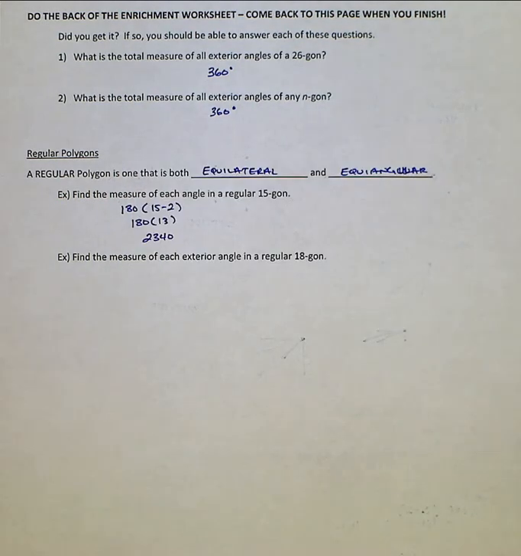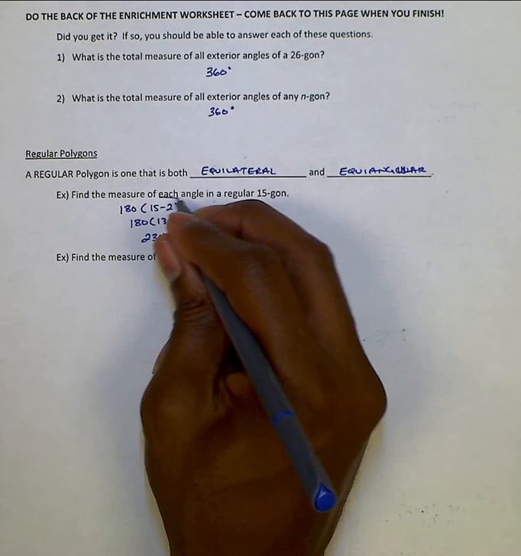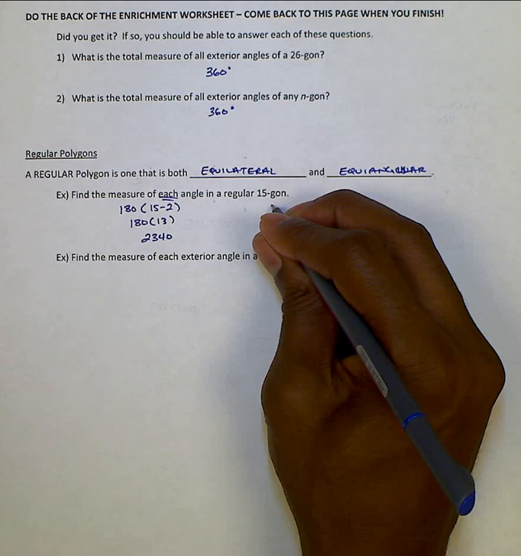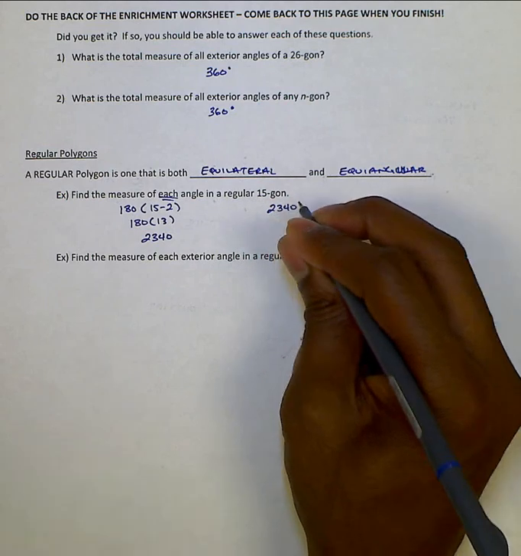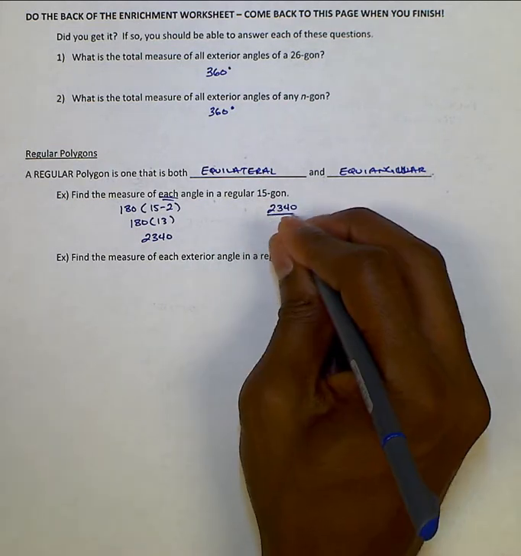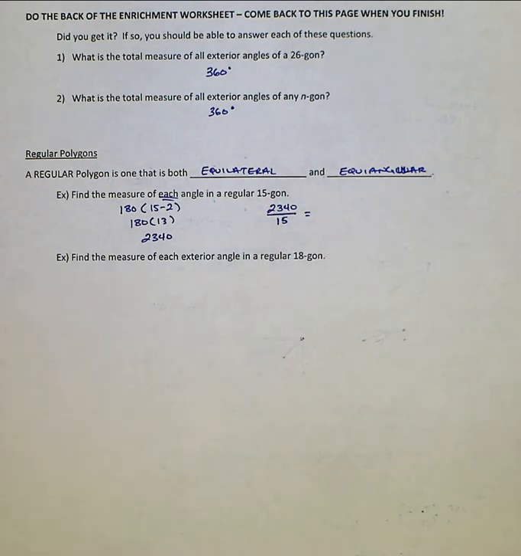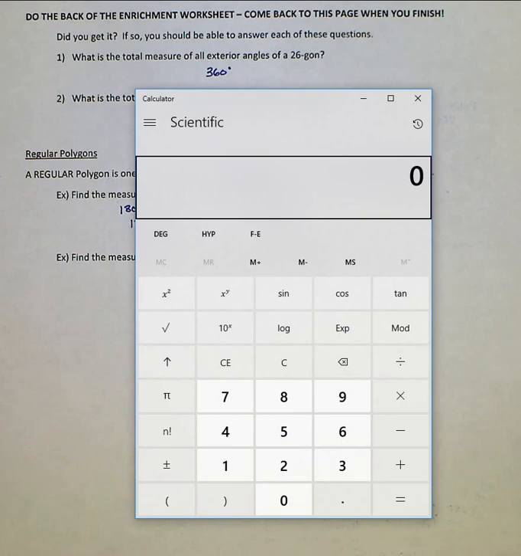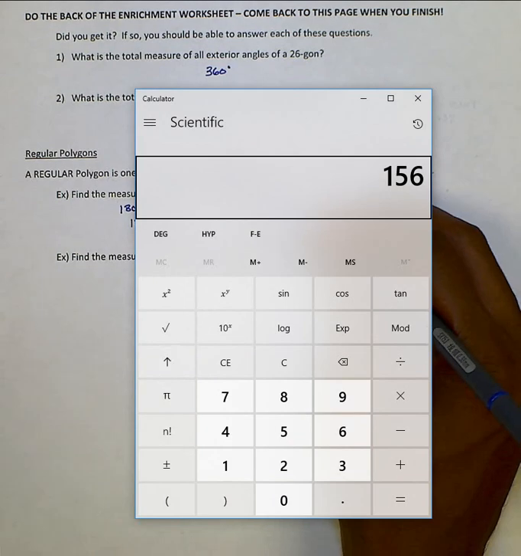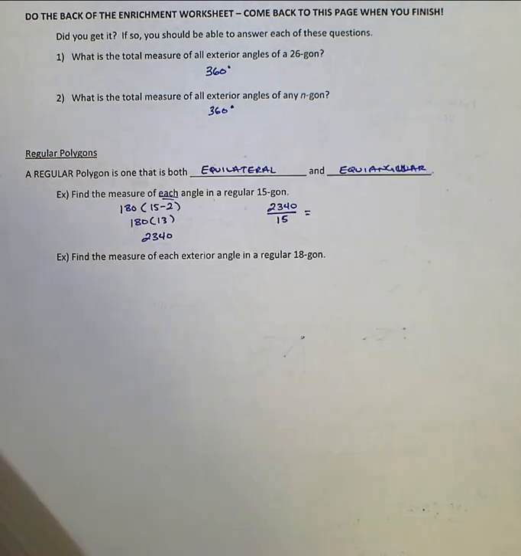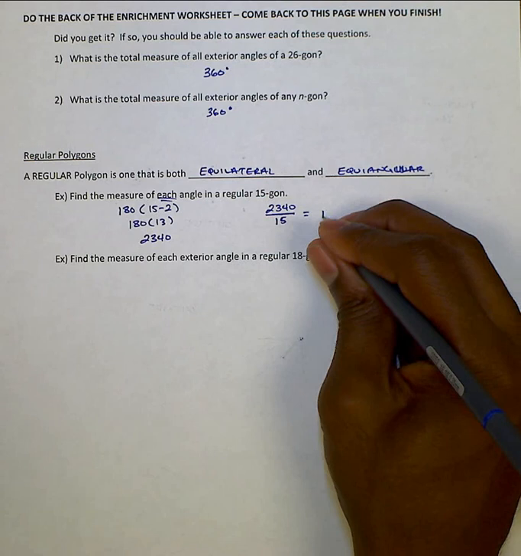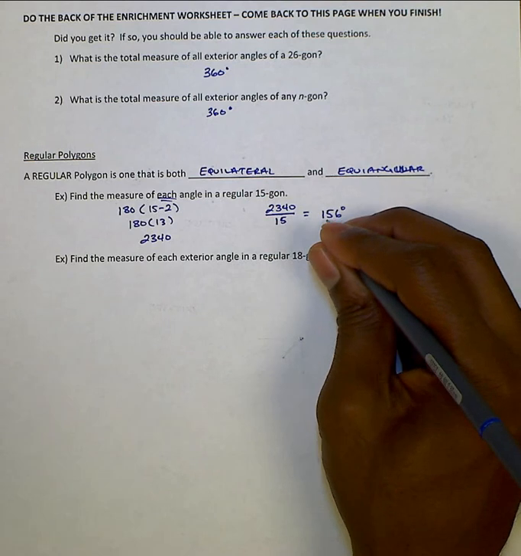But we're trying to find each angle, which means individual. Since there's 2,340 total, and there are 15 angles for that to be spread around evenly, we'll do 2,340 divided by 15, which is 156. So each angle in a regular 15-gon is 156 degrees.